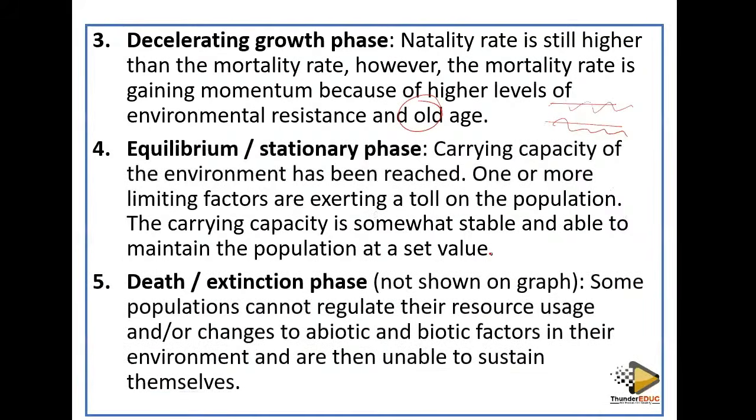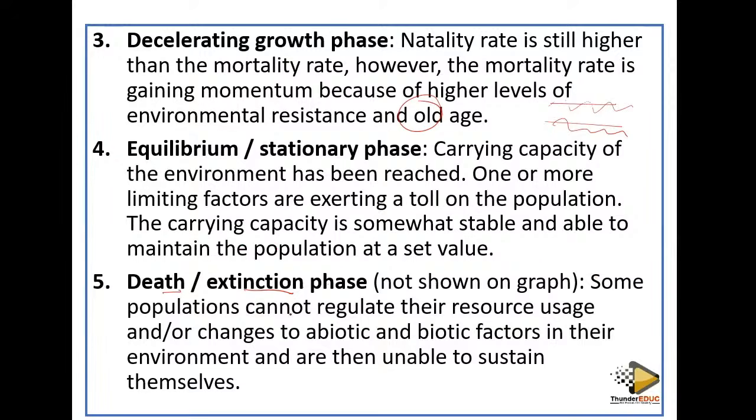Then the death and extinction phase. In most cases, extinction may not come, but the death phase, yes. So it is sometimes not shown on the graph, but sometimes we show it if extinction occurs. In most cases, this only happens if there is a catastrophe, a natural disaster which comes in and kills a number of individuals at the same time.